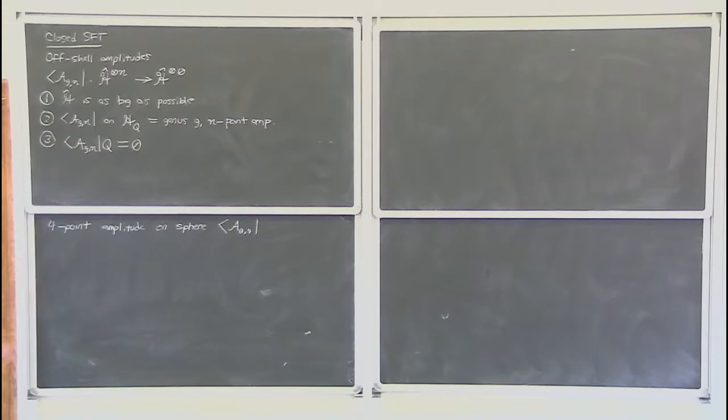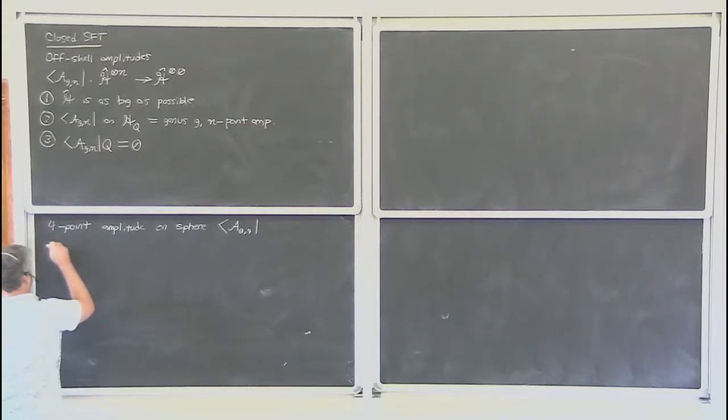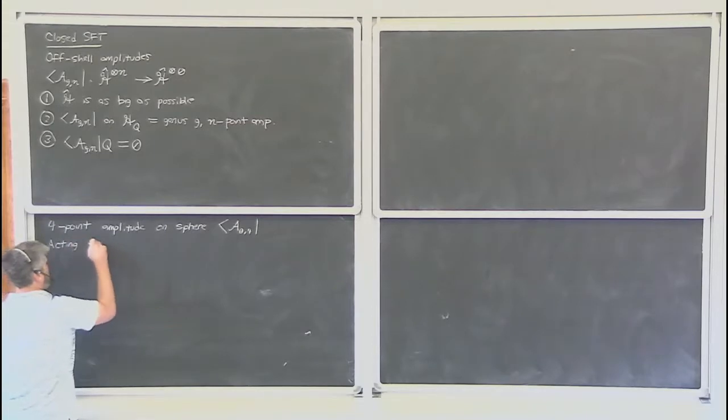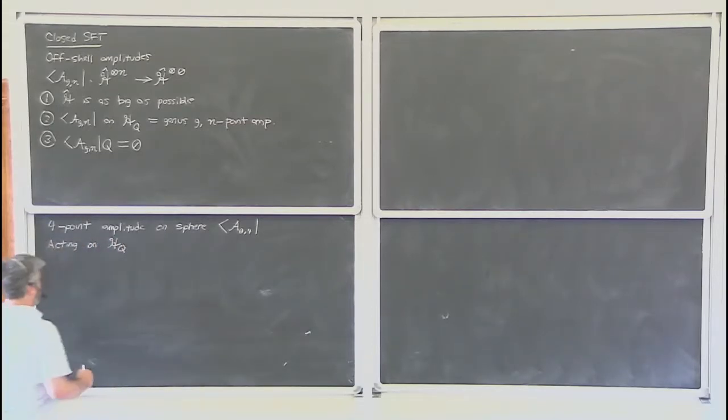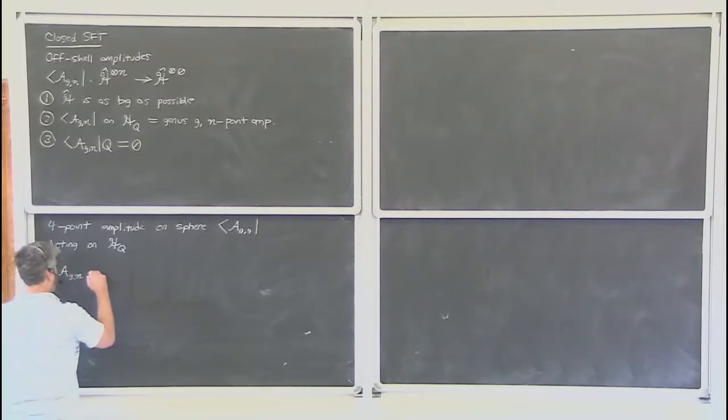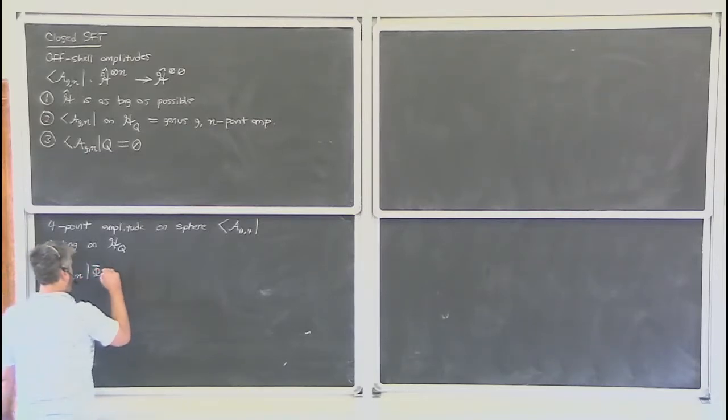When this object is acting on BRST invariant conformal vertex operators, it's given by the following familiar expression.